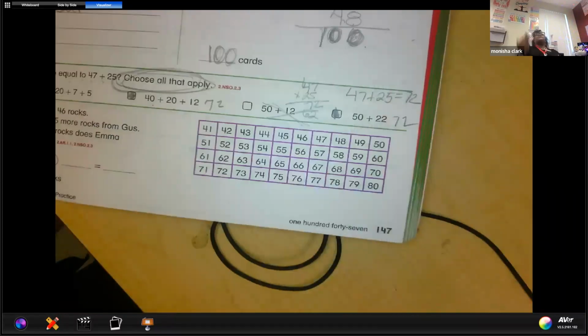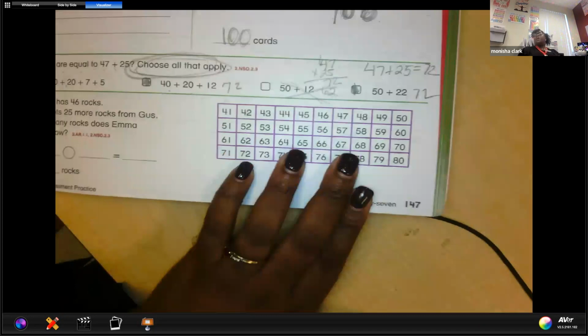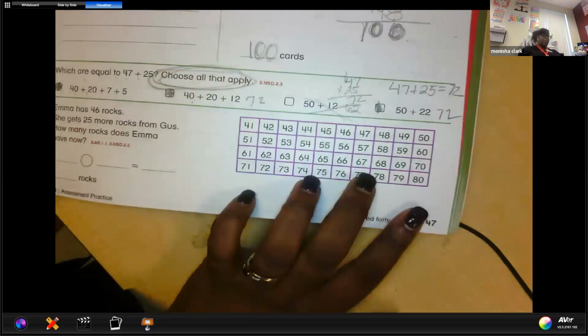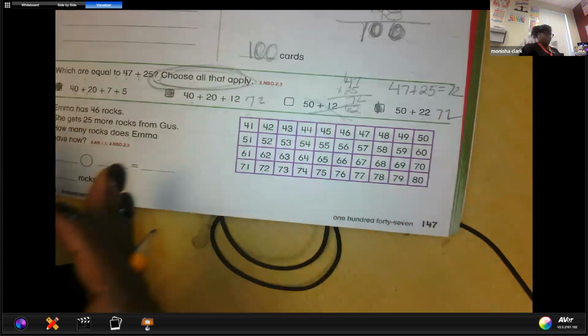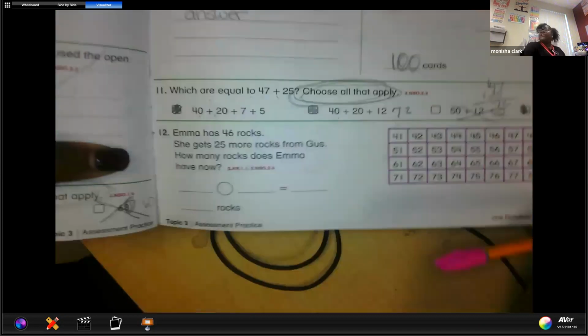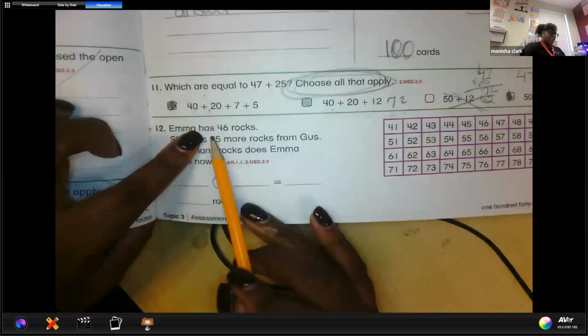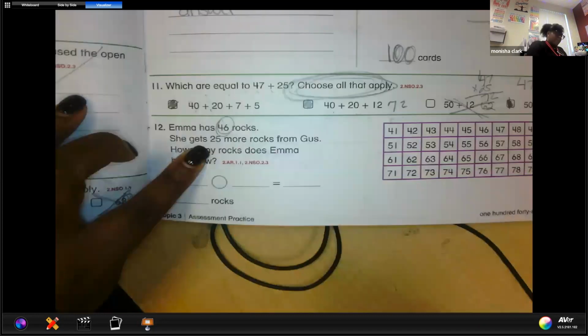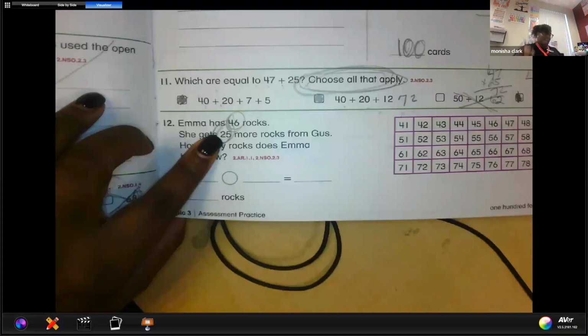So now, when I was meeting with you guys in small group, you kind of forgot about when we use this strategy of the hundreds chart to add. So I'm going to remind you about how that went. First, let's look at this question here. Emma has 46 rocks. She gets 24 more. We said when we're adding more, we are adding, not subtracting.